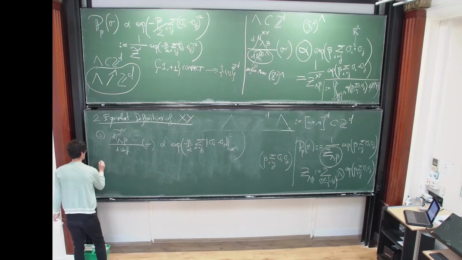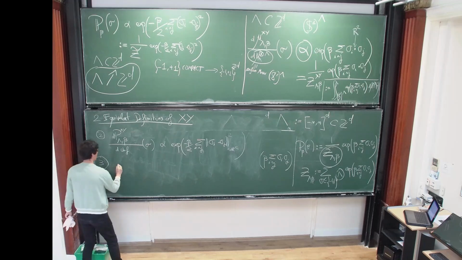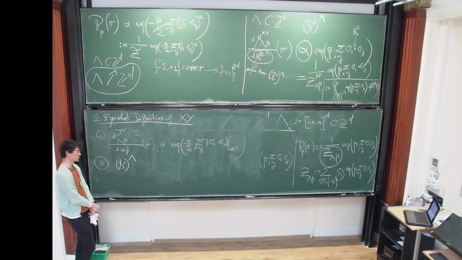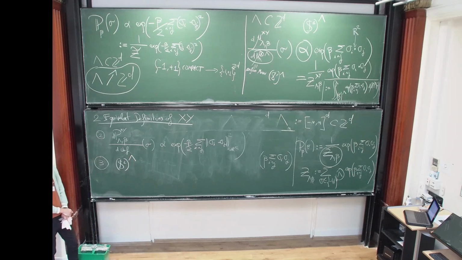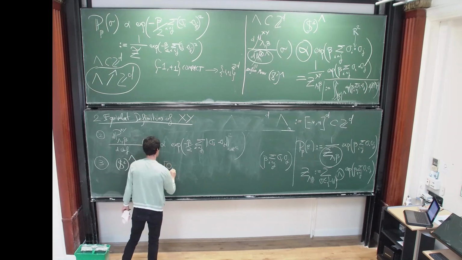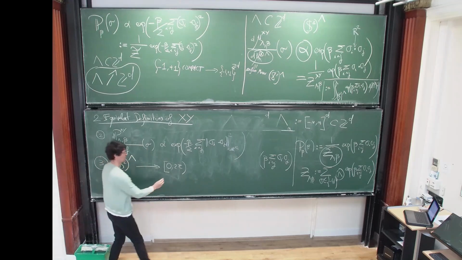A third useful definition that I will use a lot in the rest of this talk is to change the state space, to change the parameterization. Instead of looking at the unit circle to the power lambda, I will choose to look at it in terms of angles, so 0 to pi to the power lambda.